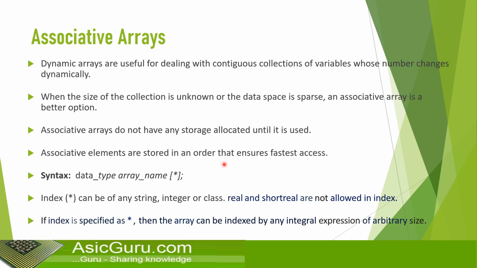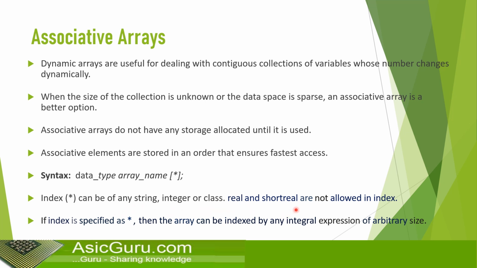And the elements are stored in an order that ensures the fastest access. And they are optimized internally by the simulator for efficiency. The syntax is very simple: data type, array name, and the star inside the subscript operator, where the star indicates a wildcard index. And this allows flexible indexing. Index can be of any type: string, integer, or a class.